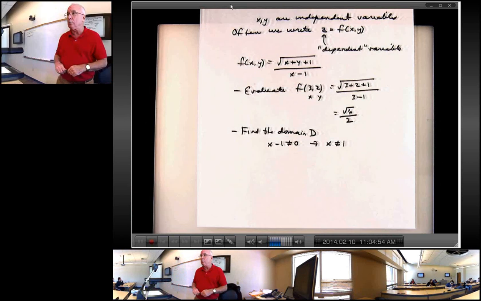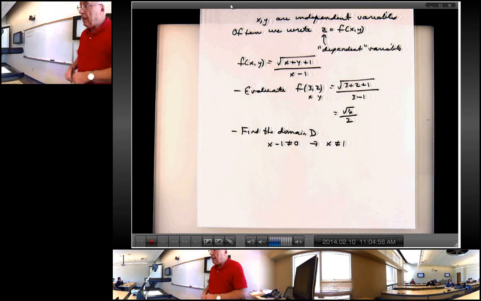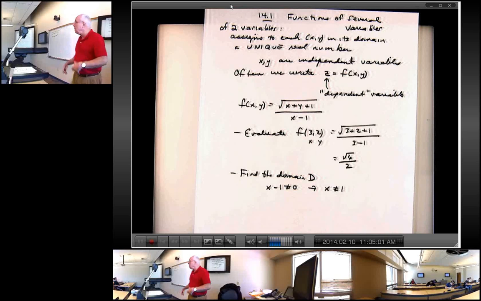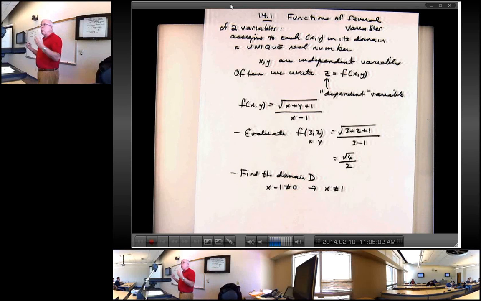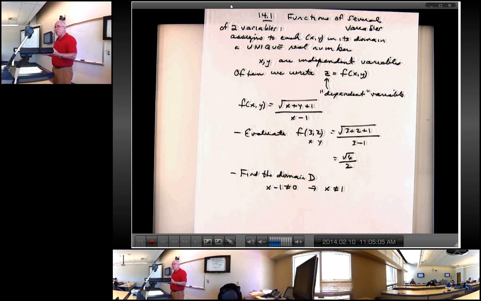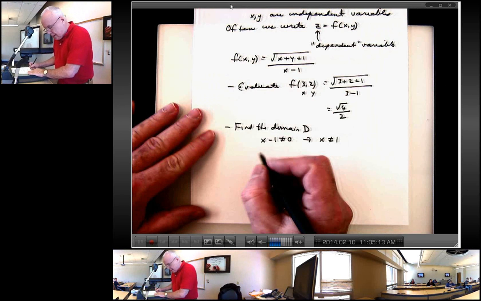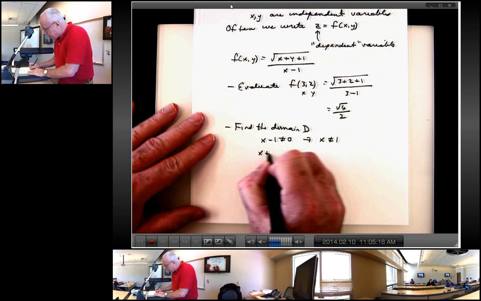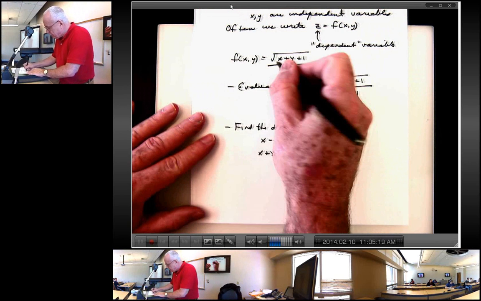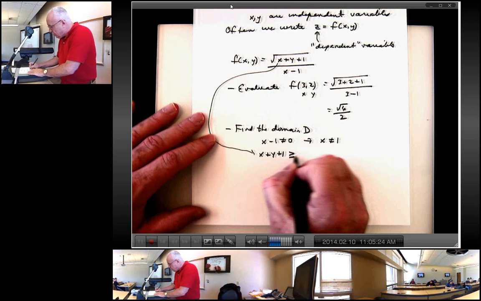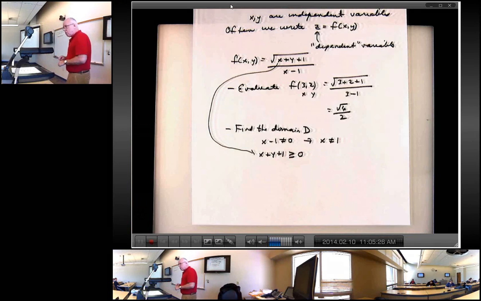That's one restriction. And the second issue is we have a square root radical, and we want real number values, so we want a non-negative value under the radical. So we also have to have x + y + 1 be greater than or equal to 0.